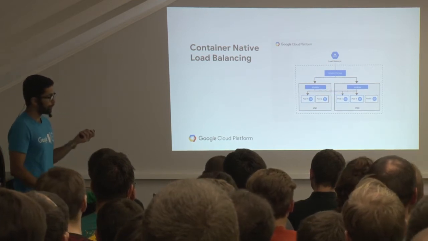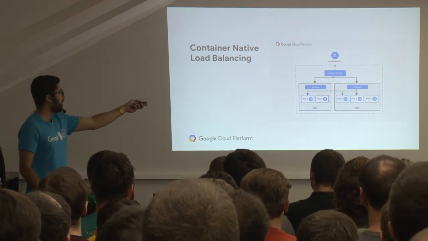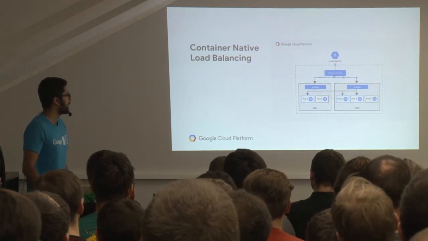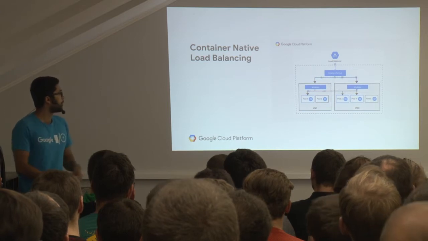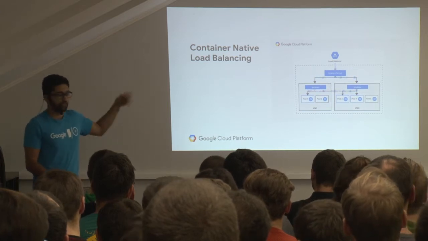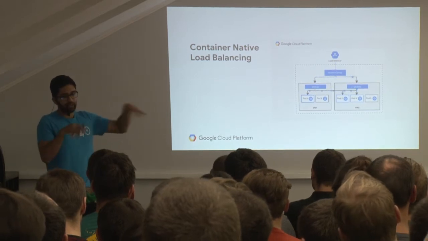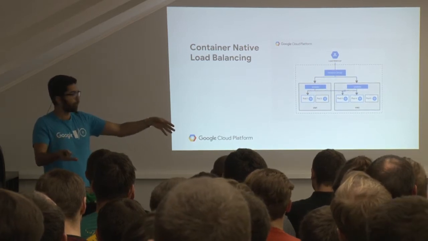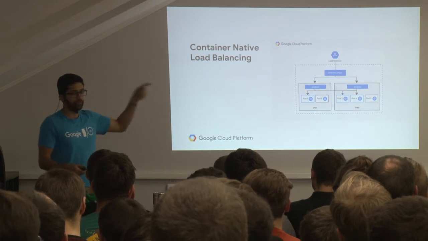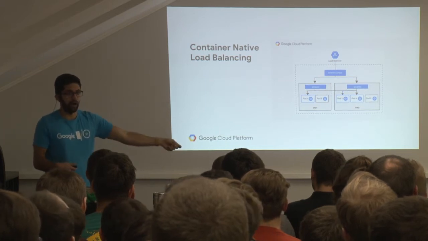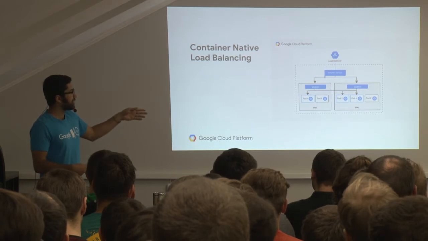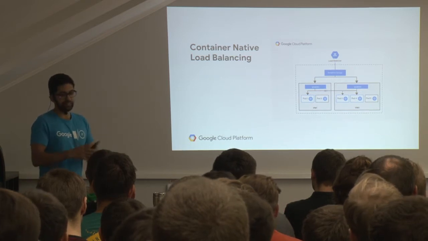Container native load balancing. This is how normal load balancing works in Kubernetes, no matter where you are. You have a load balancer, GCP load balancer, AWS ELB, whatever, right? It'll send traffic to the VMs on a specific port, and then iptables will take that and pass it to the actual pod, right? So the problem with this is the load balancer just sees 5 VMs.